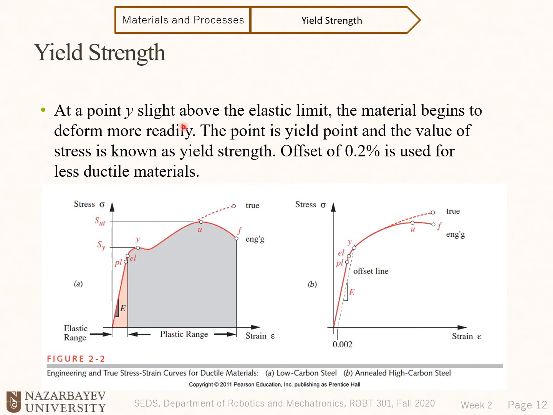At point Y, slightly above the elastic limit, the material begins to deform more readily, more easily. Why? Because you can see the stress value is almost the same, but the length is changing more quickly. The point Y is the yield point, and the value of stress is known as the yield strength. So here is the yield strength.